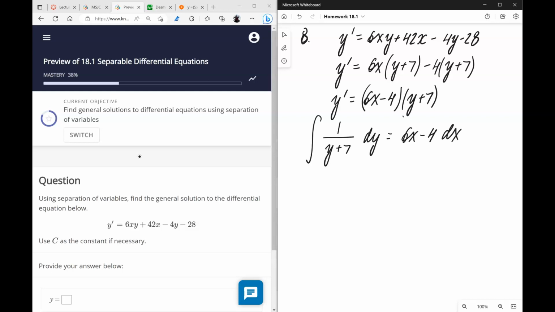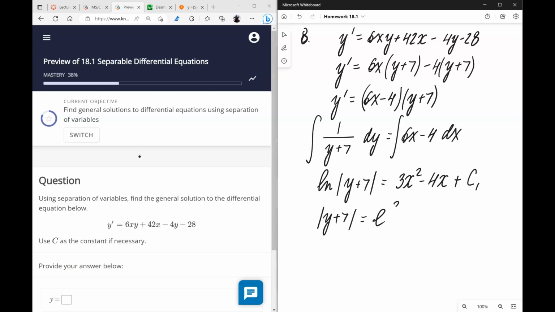And proceed with integration. On the left side we have ln of y plus 7. On the right side we have 3x squared minus 4x plus c. Let's call it c1. So the absolute value of y plus 7 is equal to e to the power 3x squared minus 4x plus c1, but we can pull that out from the exponent like this.